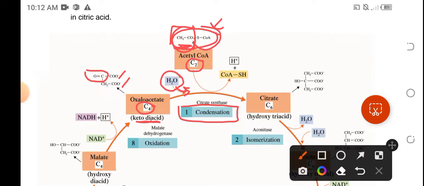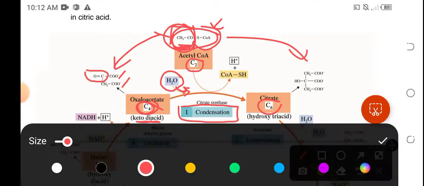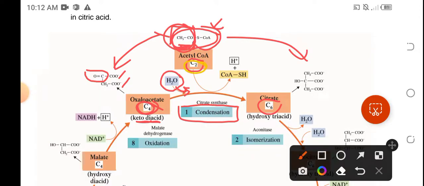Okay, so once na naging 2 carbon atoms na lang siya attached to the coenzyme A, magkakaroon sila ng interaction kaya maproproduce na yung citrate, which is a 6 carbon atom molecule. So from oxaloacetate na 4 carbon atoms plus the acetyl-CoA na 2 carbon atoms, yung citrate, 6 carbon atoms na.